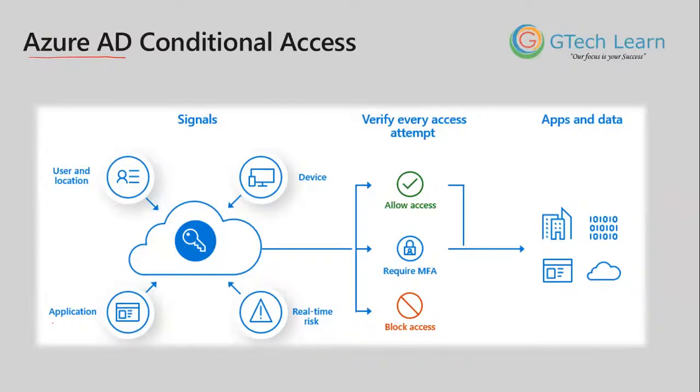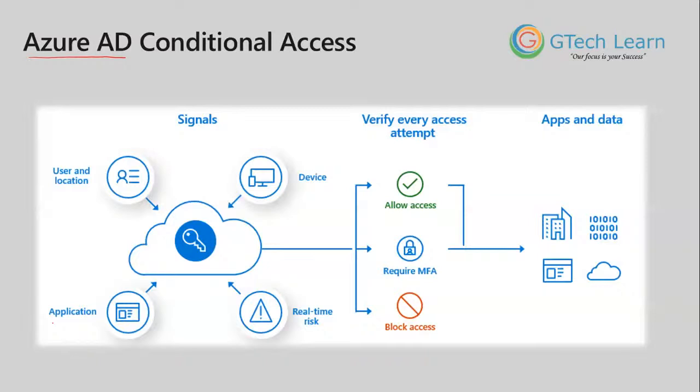This service also helps our employees access external resources such as Microsoft 365, the Azure Portal, and plenty of SaaS applications. Azure AD also helps us access internal resources, like applications present in our corporate network and intranet.